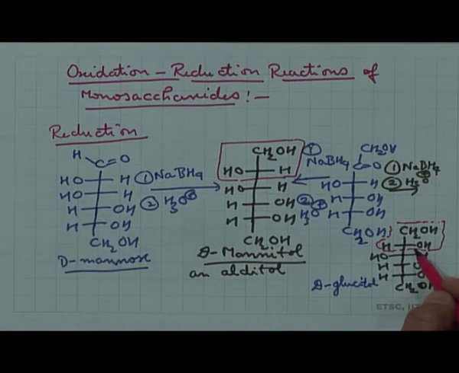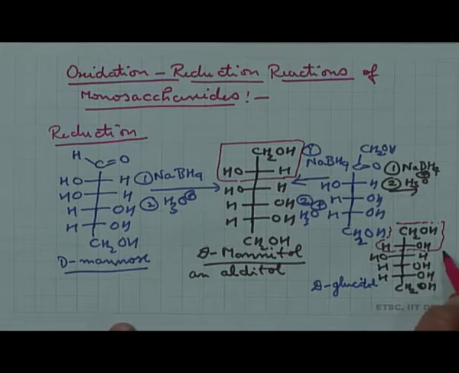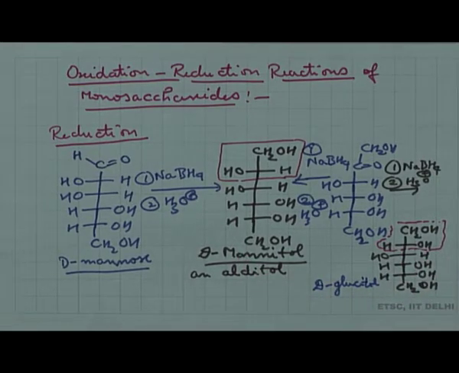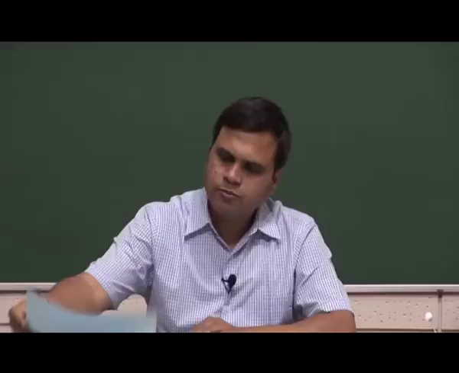In the case of D-mannitol it is on the left hand side, and in the other case it is on the right hand side, if you see. So, by the ketohexose reduction, we are getting a mixture of the two alcohols, D-mannitol and D-glucitol. This is also an alditol. D-glucitol, also called sorbitol.